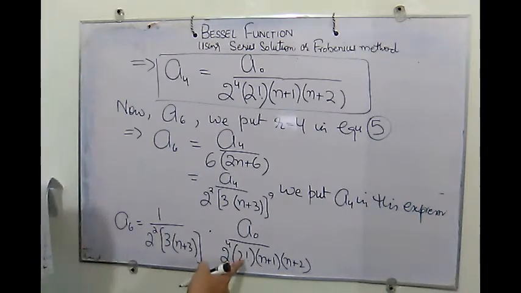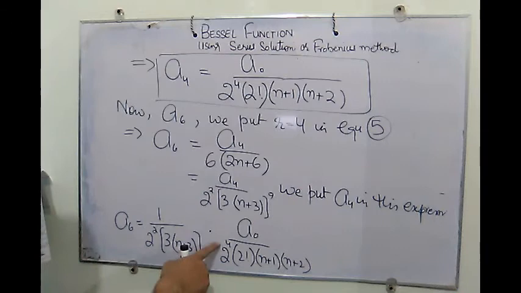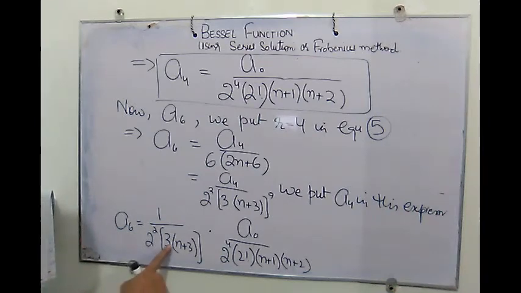So we see that we now have 2 raised to the power 6, 2 and 4 make 6, 3, and 2 factorial, we can write it as 3 factorial. And then we have n plus 1, n plus 2 and n plus 3 as the next term.